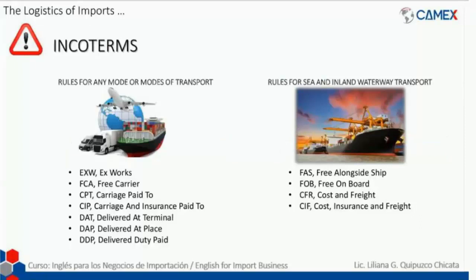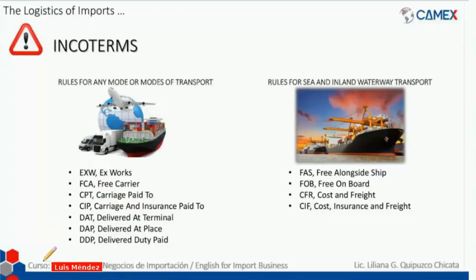So we have first one, it is the EXW, Ex Works. Then we have FCA, that is free carrier. We have CPT, that stands for carriage paid to. We have CIP, that stands for carriage and insurance paid to.